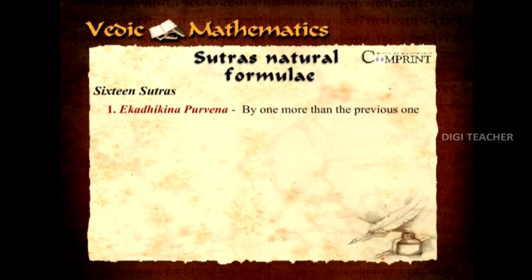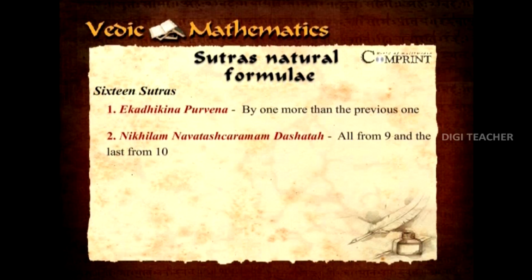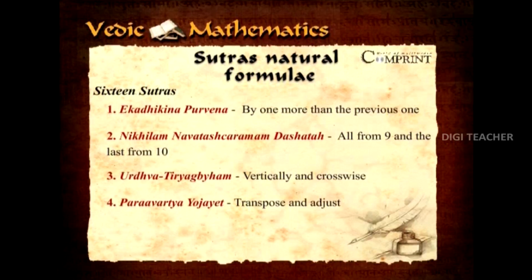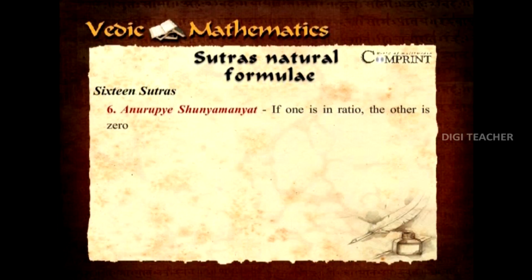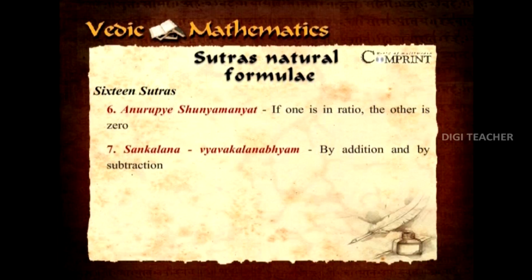16 sutras. Ekadhikina Purvena. Nikhilam Navatascharamam Dashata. Urdhva Tiryagbhyam. Paravartya Yojayet. Shunyam Samyasamuccaye. Anurupye Shunyamanyat. Sankalana Vyavakalanabhyam.